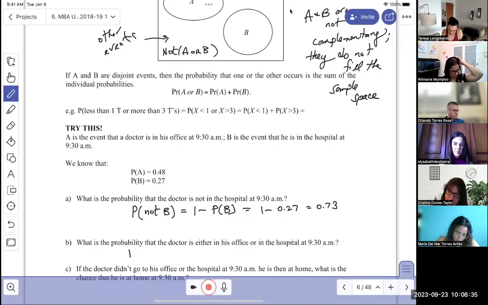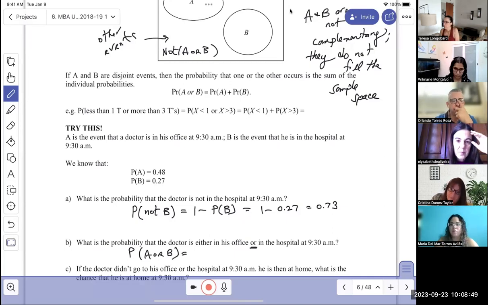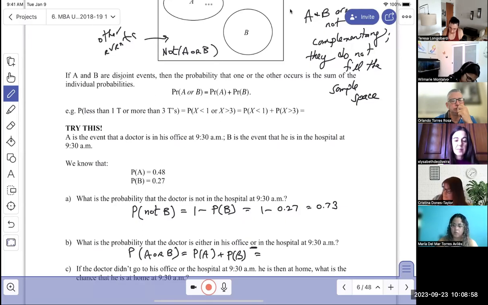So the probability that he's either in his office or in the hospital, so that's A or B. We have an intuition for or, we just add them, right? So we're finding out if he's in A or B, so 0.48 plus 0.27 is 0.75.